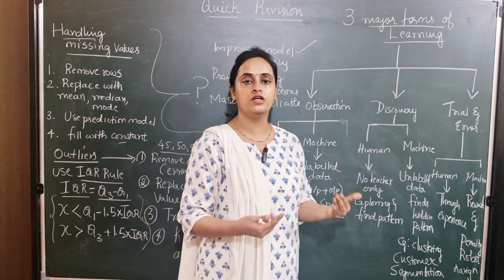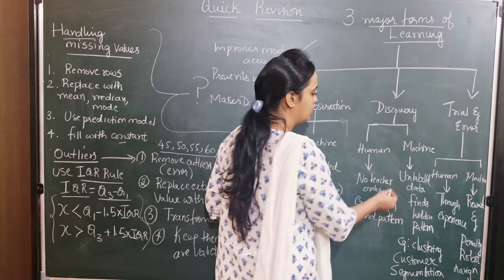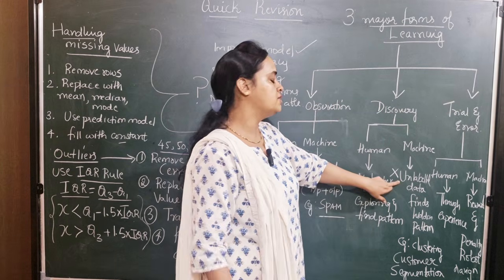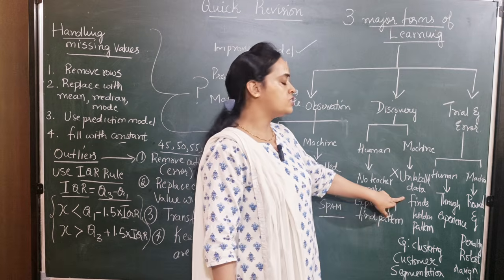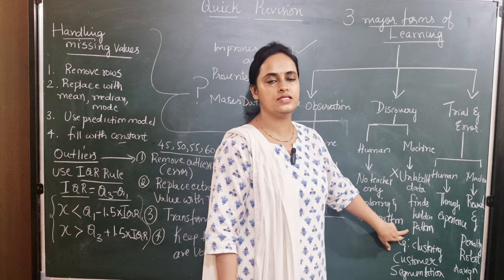In the same way, how will a machine learn through discovery? For machine, there is no labeled data. That means the data available is unlabeled. Then it is going to find the hidden pattern and learn by analyzing this pattern.